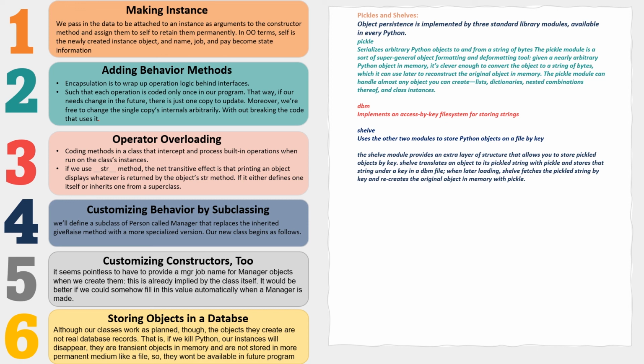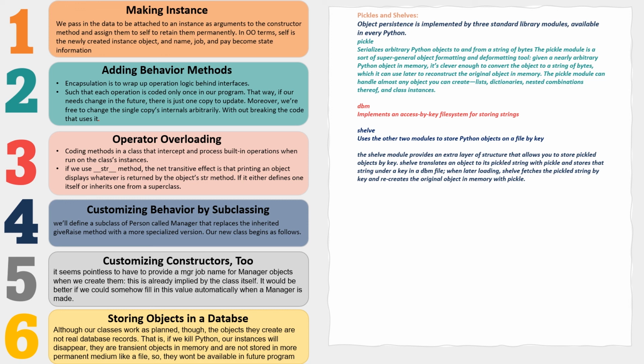Once that is done, it will be taken by shelve. Then shelve comes into the picture. Shelve takes the converted strings and stores them using a key in a DBM file, using the database management DBM module. And finally, when you call back the same object, shelve comes into the picture.